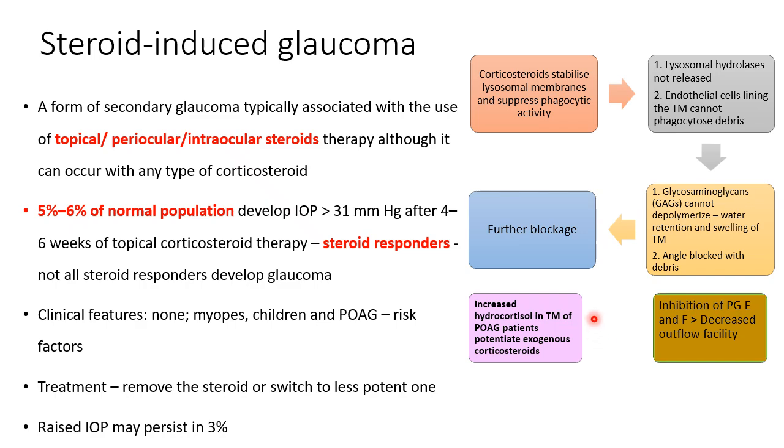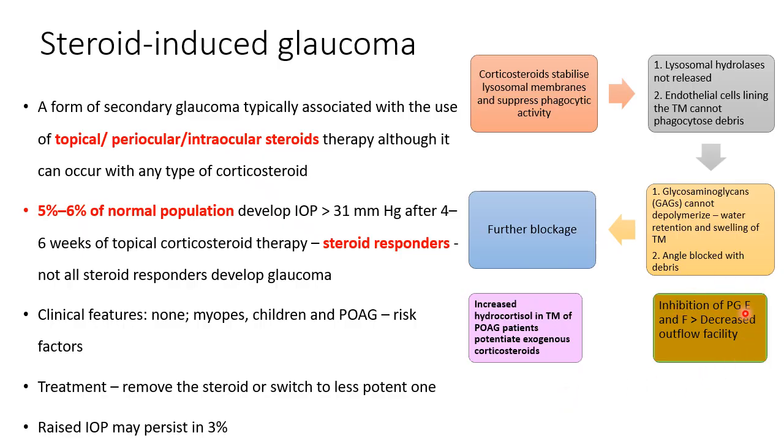Some other mechanisms. So what happens in POAG patients? Patients with primary open angle glaucoma are predisposed to steroid-induced glaucoma because they already have increased hydrocortisol in the trabecular meshwork. This is something that studies have found. So when there is already increased endogenous hydrocortisol, any exogenous cortisol would obviously potentiate it. That is why patients with primary open angle glaucoma are at a higher risk.